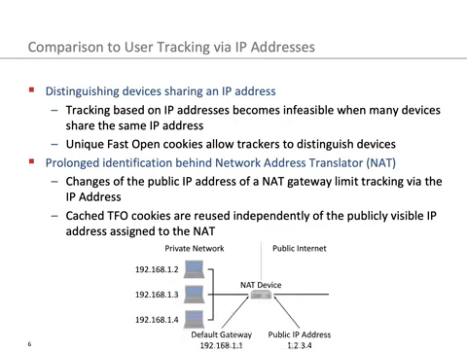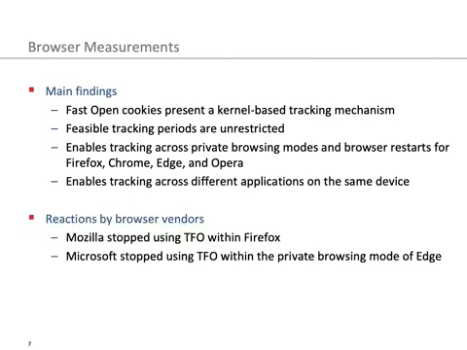And thus it observes for itself that it has a matching client IP address and a matching server IP address, which is the server within the public IP address space. And thus, to reuse the Fast Open cookie, it will fulfill that requirement of these matching IP addresses independently of the publicly visible IP address assigned to this NAT.